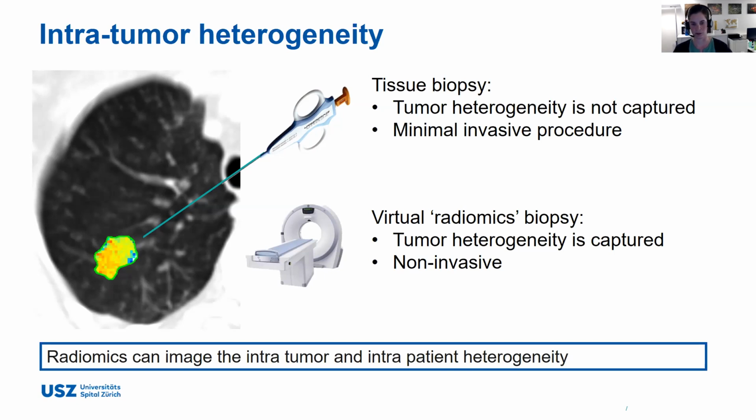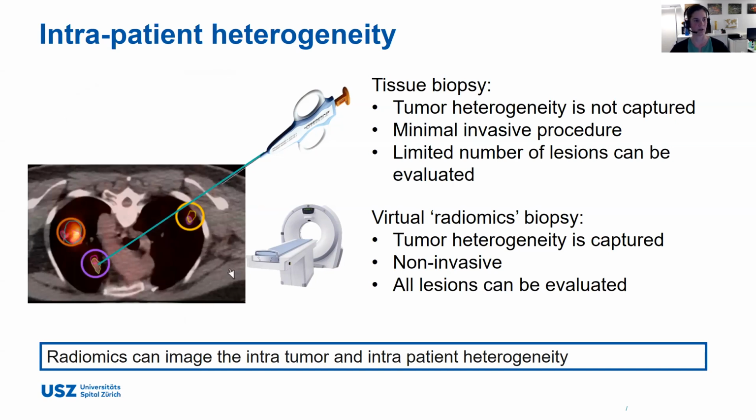For example, for CT, we can even go to a sub-millimeter resolution, similar for MR scans. On the PET, we still have a millimeter or 3 millimeter resolution. So we can really capture the tumor heterogeneity, and the methodology is mainly non-invasive.